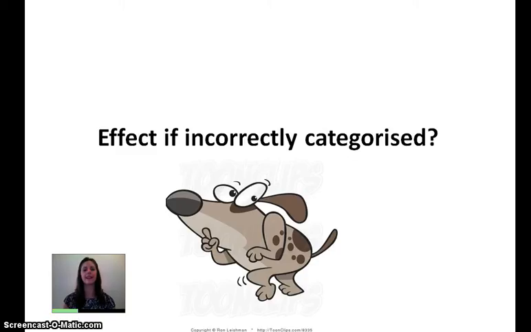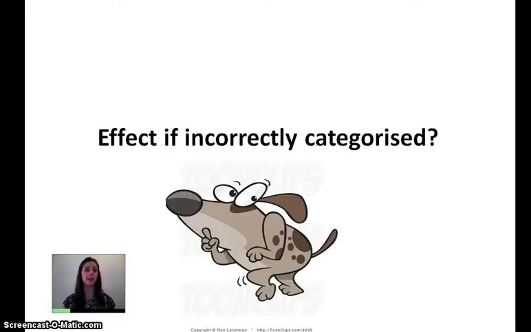So if it's incorrectly categorised, what's the big deal with this? Why is it such an issue? Well, as we saw with the finance lease, the asset and liability is recorded in the financial statements, whereas an operating lease isn't recorded. So if you have an asset that is generating a lot of income for you, or you're deriving benefits from it, then this has been left off your balance sheet if it's categorised as an operating lease.